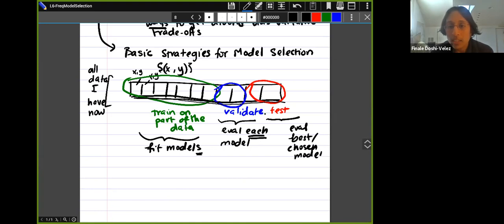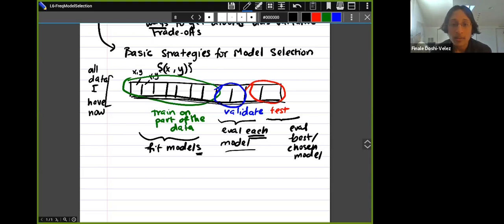And why do we separate out the validation and the test set? This is a bit of a subtle point. Here we were looking at every single model, and one model happened to win, right? Well, the fact that it won means that maybe there was some aspect of it getting lucky.